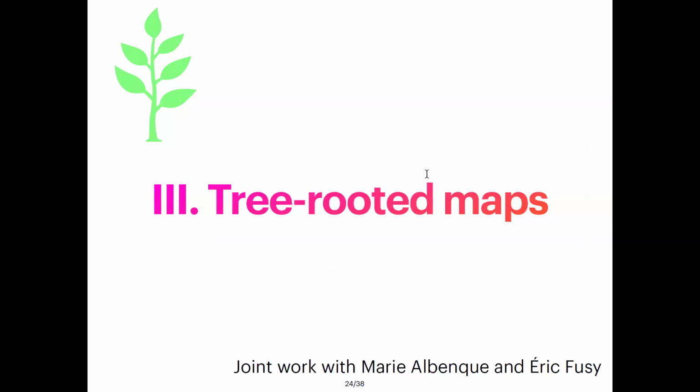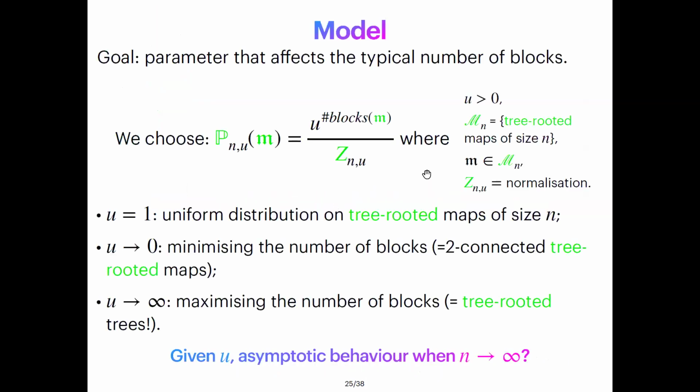So this is a joint work with Marie Albenque and Eric Fusy. And we simply use the same Boltzmann model we had before, but now P is a probability law for tree-rooted maps. U is to the power of the number of 2-connected tree-rooted blocks in the tree-rooted map.